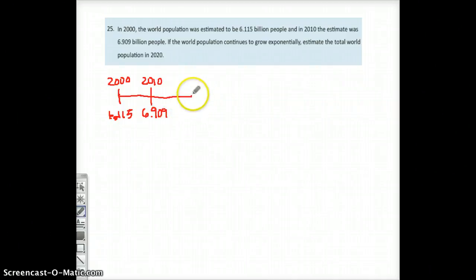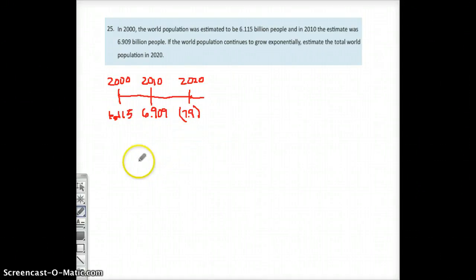Now, if the world's population continues to grow, estimate the total population in 2020. Well, we could guess. How about it went up by, let's say, 10, 7.9, but we have no idea, okay? We need to find that value. We need to find that population, if you would, okay?